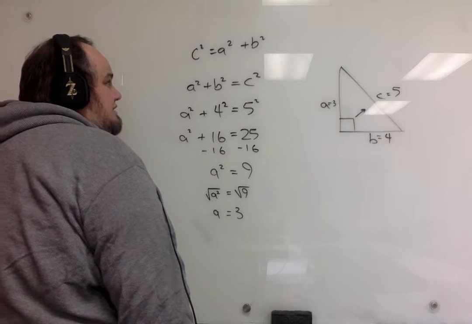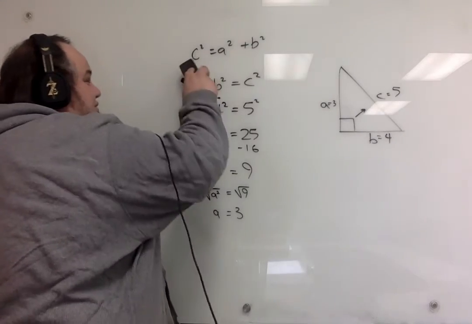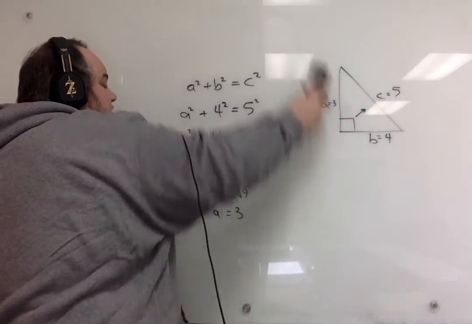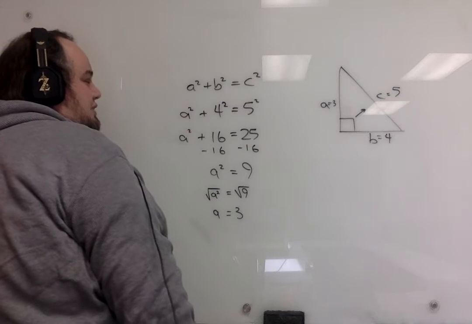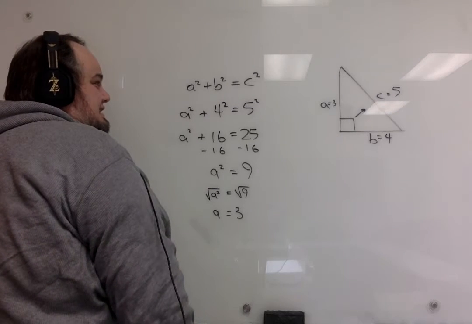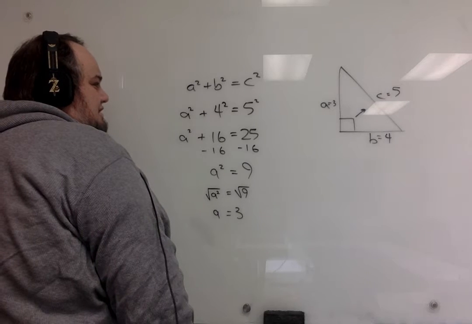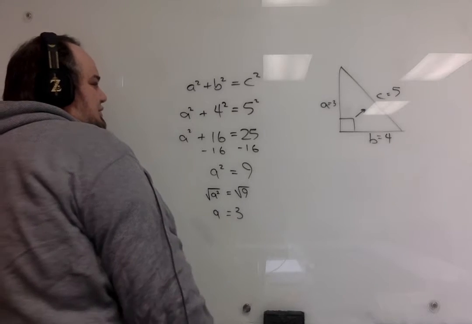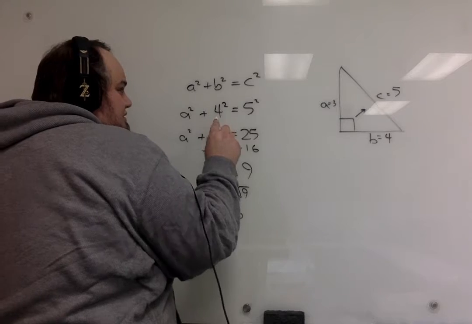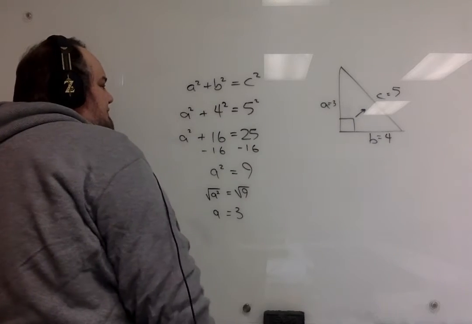So you can see, instead of using the formula with c squared equals a squared plus b squared, we just flip it and put a squared and b squared on the left, c on the other side, and then solve. Let's take another look at this example. We substituted in 4 for b, 5 for c.